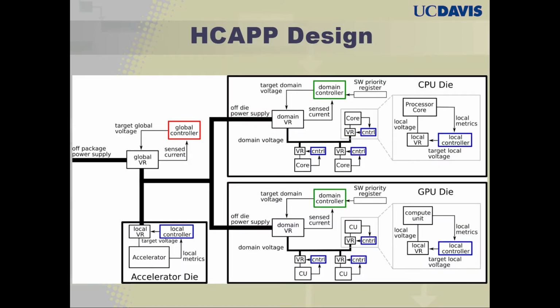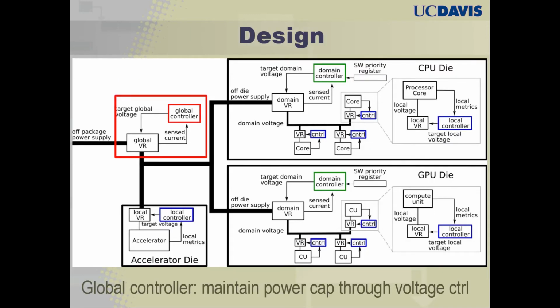And this is the design of HCAPP. So first, the core areas of HCAPP are all these colored boxes, and let's step through them. First, there's the global controller, and this controls the voltage at the global level in order to maintain the power limit.